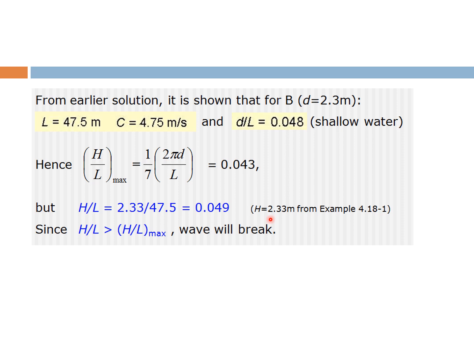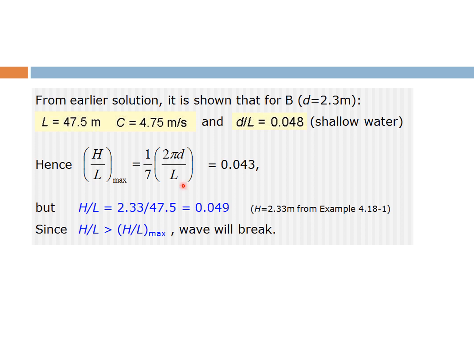Another reason is shoaling effect. So if you go back to example 4.18-1, you should be able to see how we use the shoaling coefficient and the refraction coefficient to calculate the wave height at this location B.